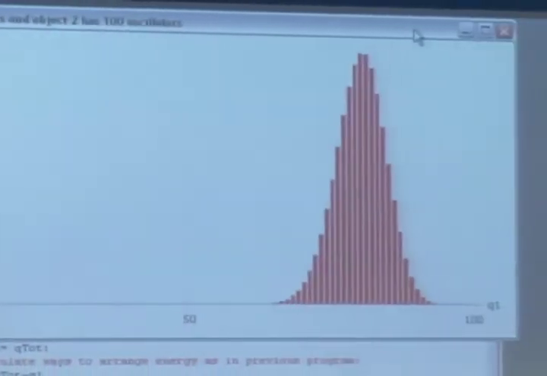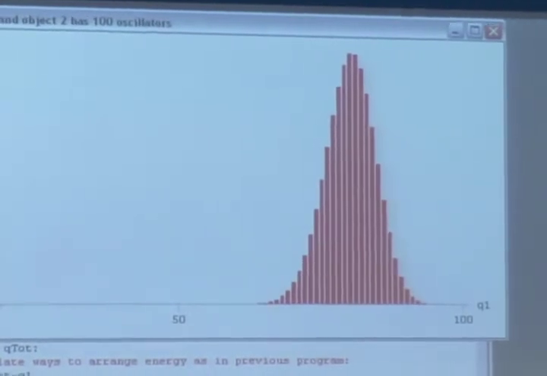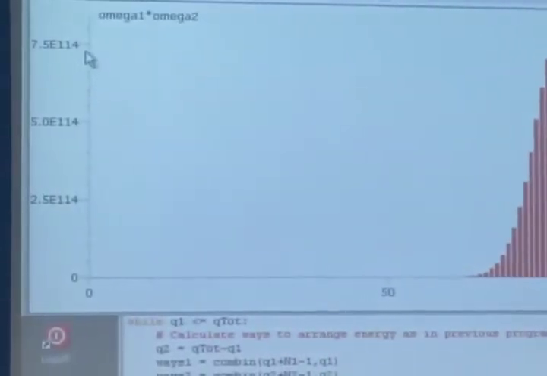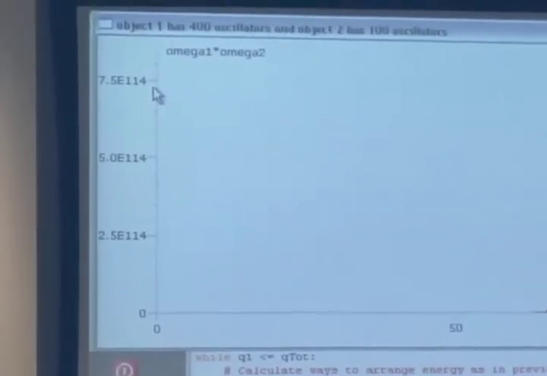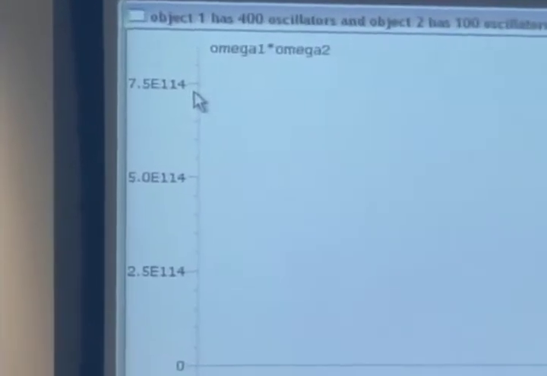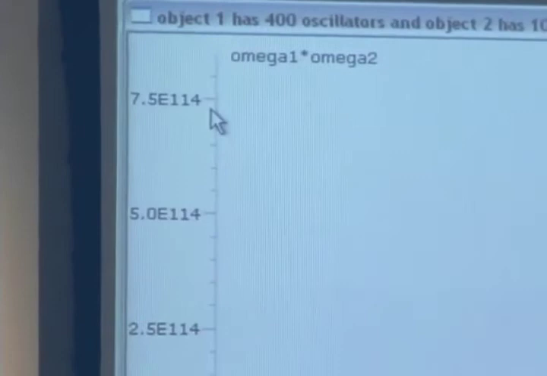And we go on up, and we see that there certainly is a most probable, but down here we can't see any probability. Now that number might not be 0, because this number is 7.5 times 10 to the 114th. So there are really a lot of ways of arranging energy. The calculator, I think, can't quite do this one, although we're close.